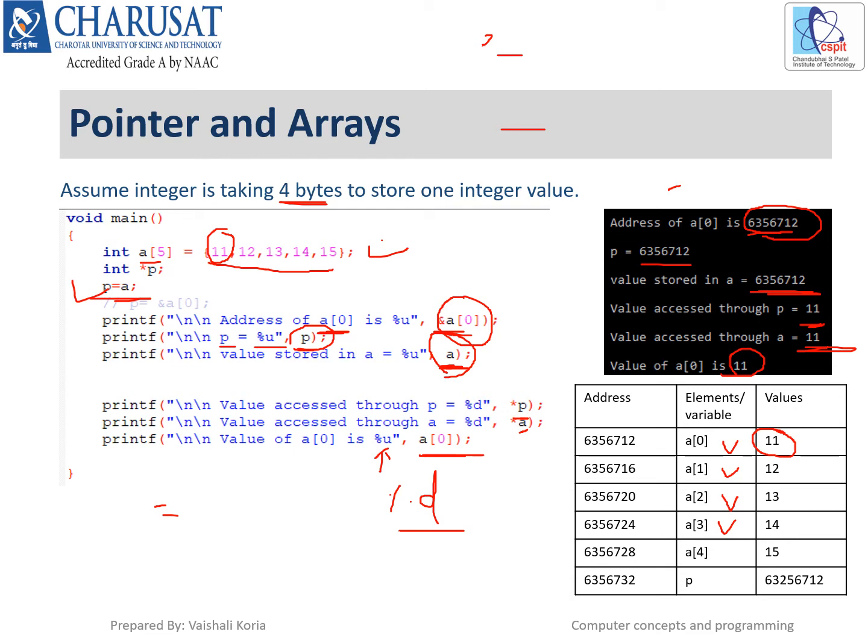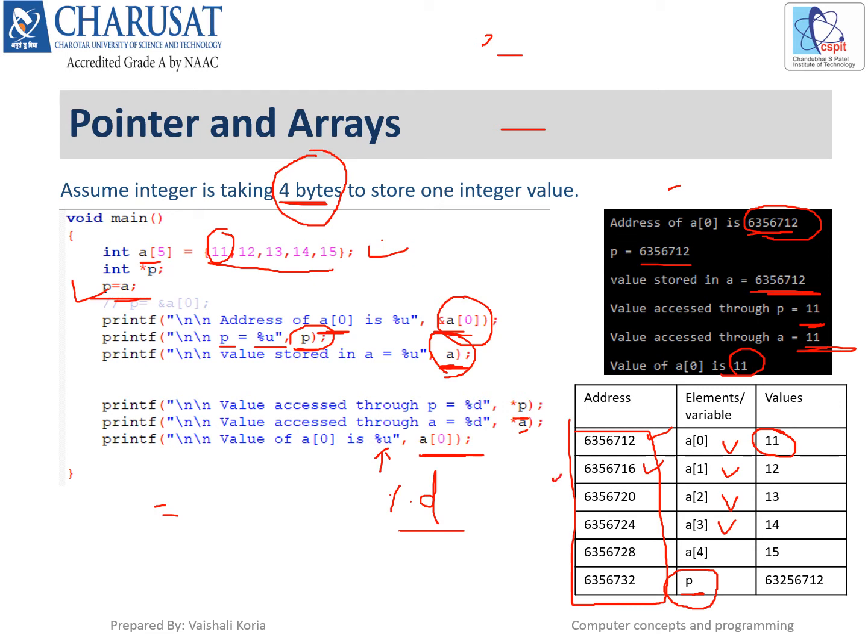And we had already discussed that p is also a variable, so a memory location will be reserved to store the value of p also. Okay, and these are the addresses of the different elements. The first element's address is this, 712, so the next element's address would be 716, because here we have assumed that an integer takes 4 bytes.